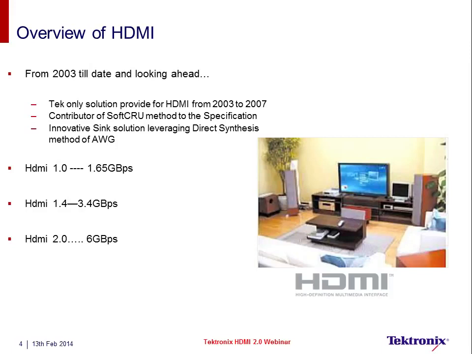And now with the latest turn of the specification, HDMI is reaching out to transmit 6 gigabit per second payload on each of the three data lanes. So that's a very high level overview of how HDMI has transitioned from being a 1.6 gig standard to a 6 gig standard.